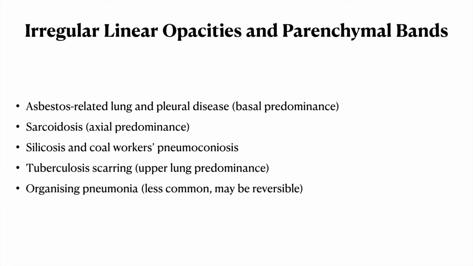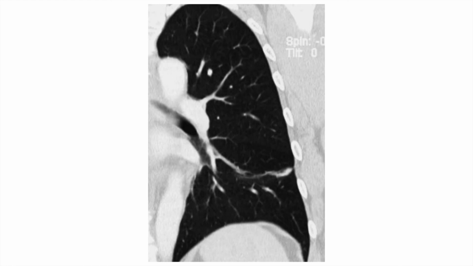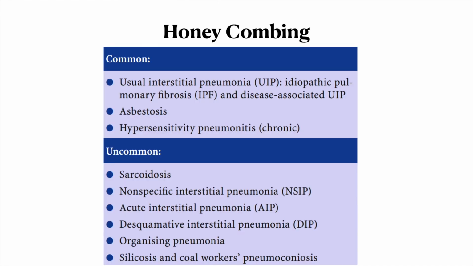These are the 5 most important causes of totally irregular opacities with no specific pattern or parenchymal bands. Here you can see that this is a parenchymal band. Here also, this also is showing a parenchymal band. So these are the examples of parenchymal bands.